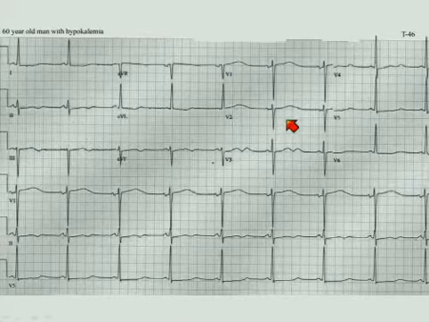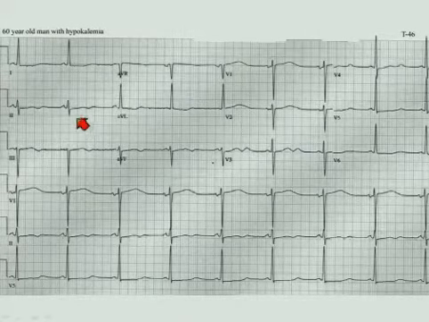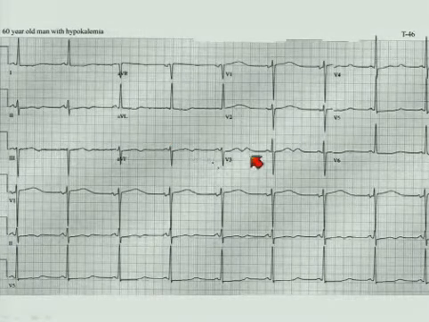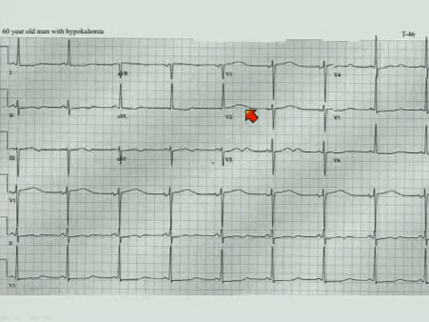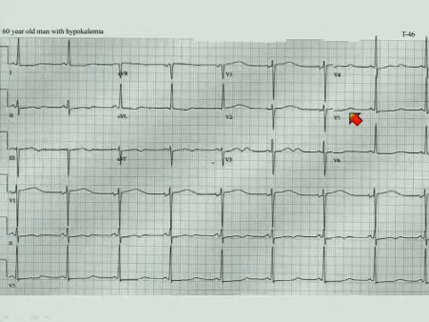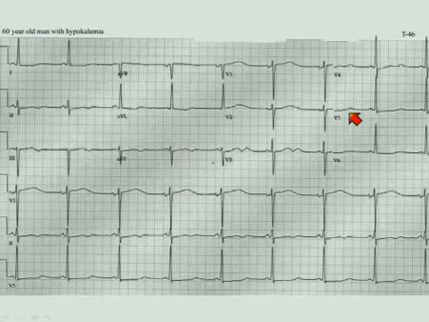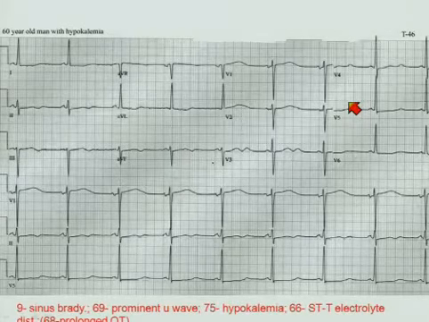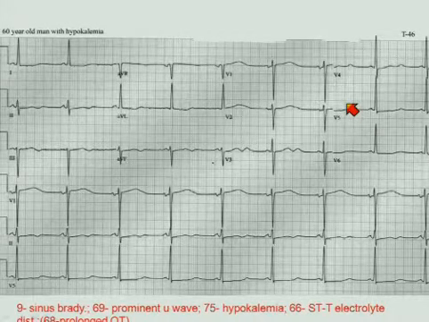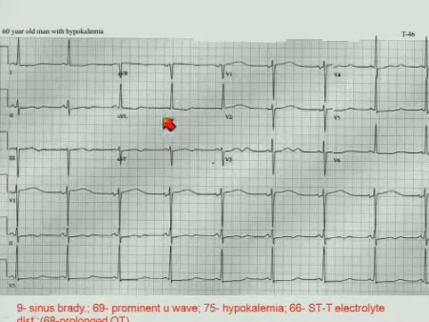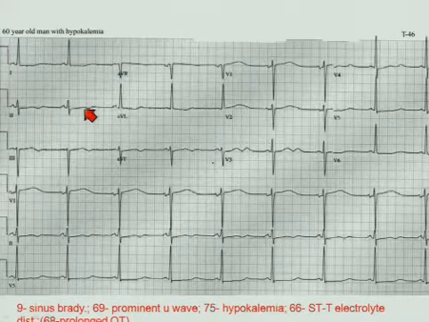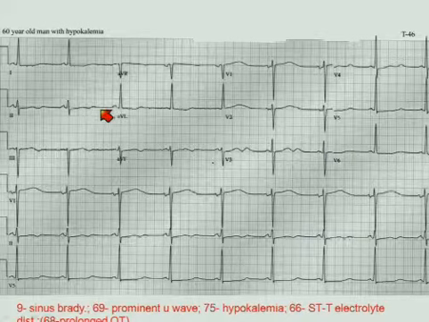You can see here the T waves are essentially gone, and what you see here and there, and most of this, those are U waves. And so this is hypokalemia. Sinus bradycardia, prominent U wave, hypokalemia, STT electrolyte. I would also put prolonged QT on the test because you never know for sure exactly where the T ends and where the U ends.